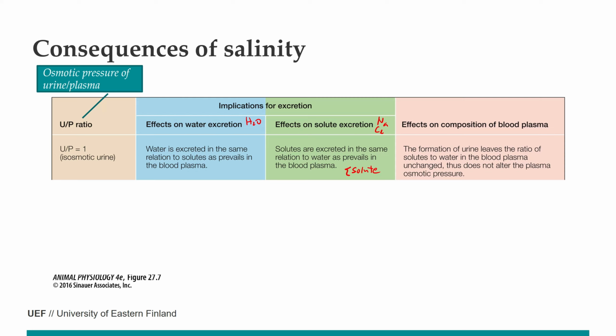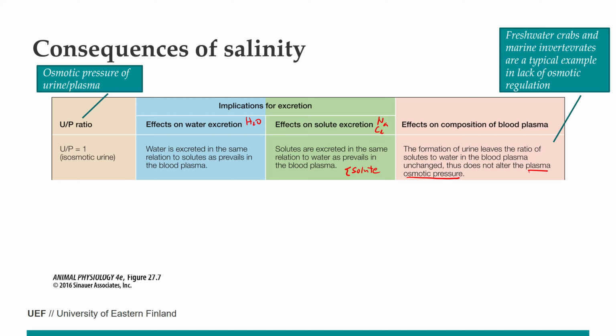And then its effects, of course, on the blood plasma. Because we are losing as much water, the plasma osmotic pressure is constant. That's very typical in freshwater crabs and marine invertebrates, so they are lacking osmotic regulation.